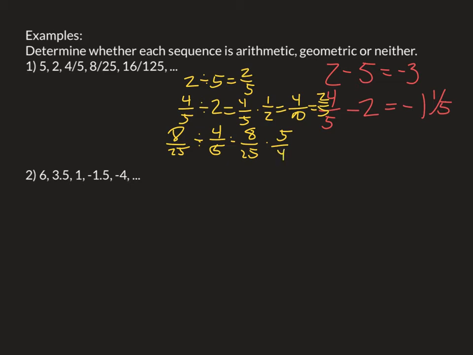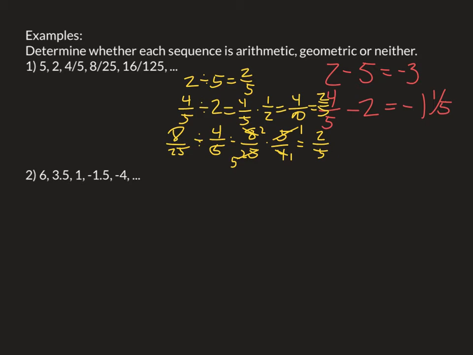Before I multiply, I can look to cancel anything on top with anything on bottom. Between the 5 and the 25, I can take a 5 out. Between the 8 and the 4, I can take a 4 out. So when I multiply, I get 2/5.